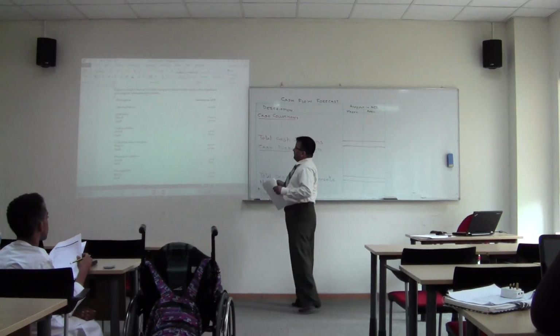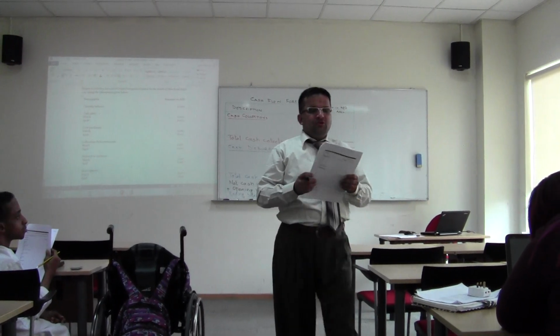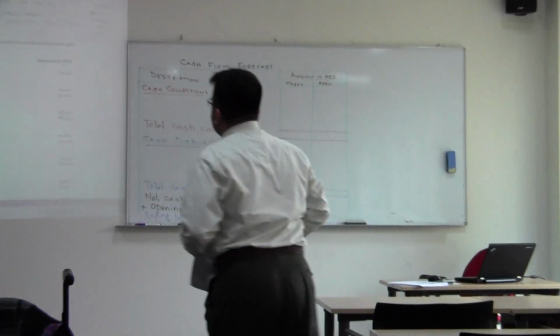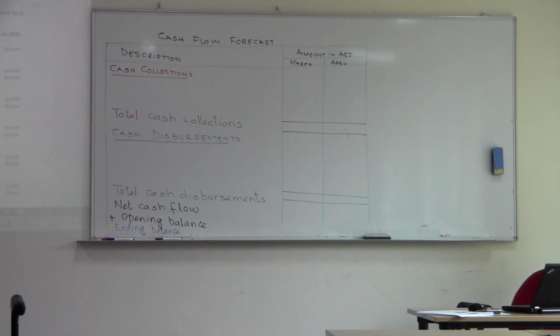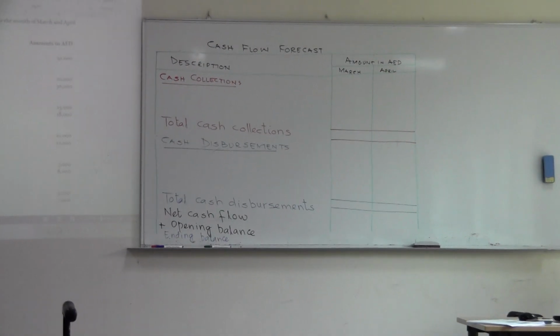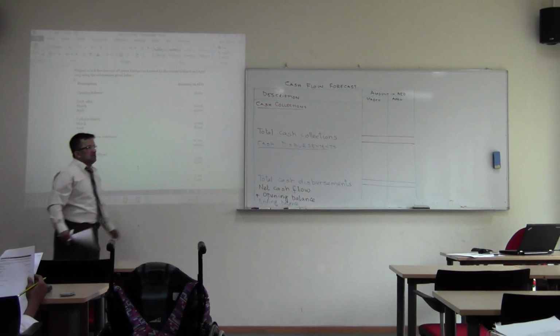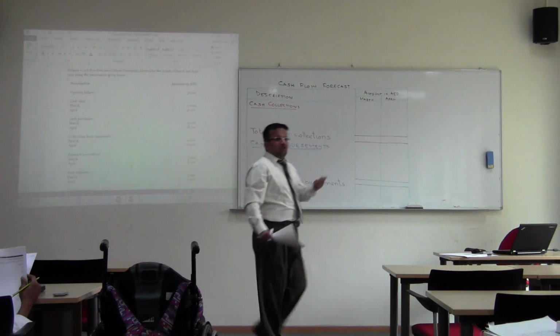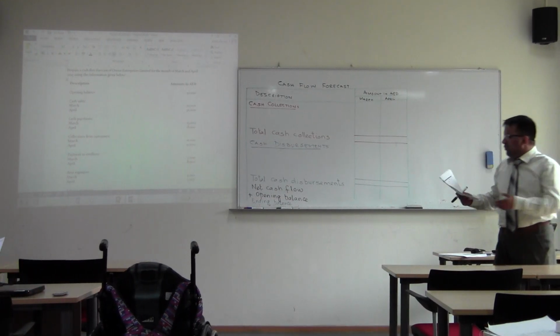Okay, now, this is the template which I have prepared already and provided to you. We will start step by step, one by one, and we will place the values. This is cash sales. Cash sales is inflow or outflow? Inflow.